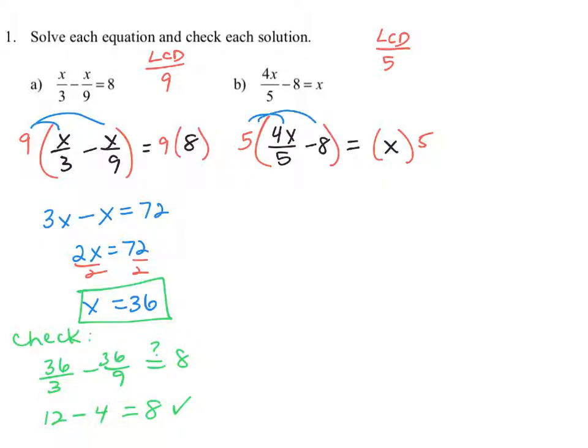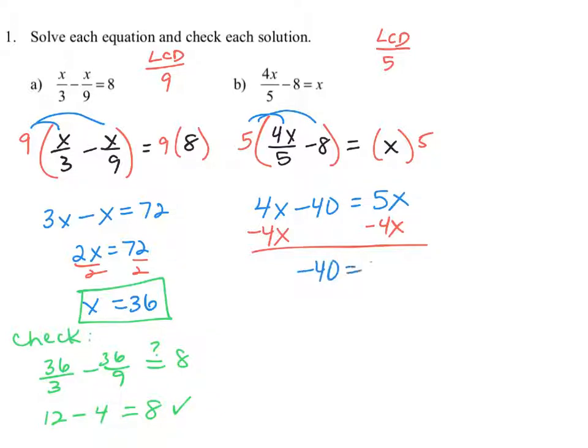And the 5 times 4x over 5, the 5's will divide out, so that gives us 4x, and 5 times this minus 8 is minus 40. And on the right side, x times 5 is 5x. Now we're going to solve this equation by subtracting 4x from both sides, and then we get negative 40 is equal to x, or x is equal to negative 40.